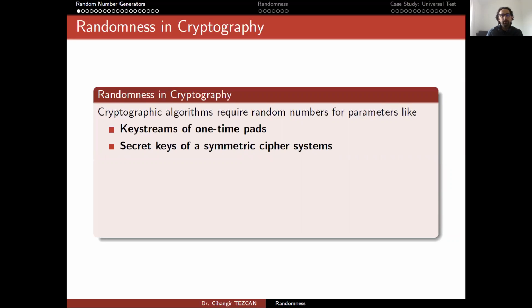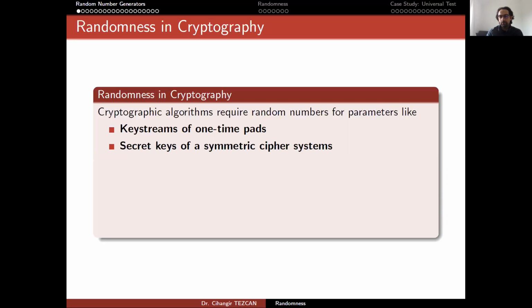Because as you know, we are using secret keys because we are performing encrypted communication whenever we surf the web, but we never use these keys ourselves. The operating system, the browser, generates the secret keys for us. So we have to be sure that they are generating them in a random way. This is one area where we need randomness.